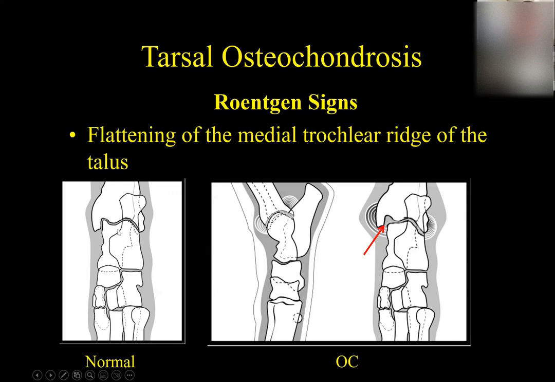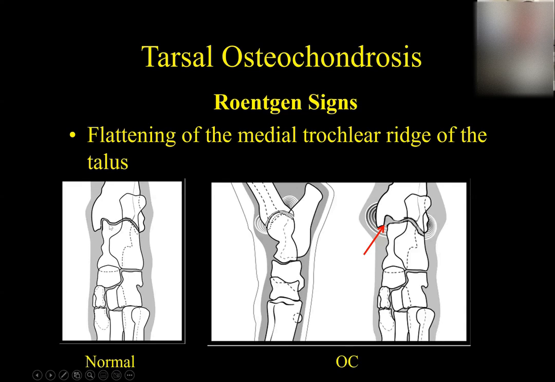So if you look at a normal dog over here, and this is a little diagram of a normal dog, remember this is the distal end of the tibia. This bone that's sitting right in here, this kind of square looking thing, that's the talus. The other bone, this big one sitting right next to it, and they hook together, is called the calcaneus. But for osteochondrosis, really what we're worried about is the talus. And specifically, we're worried about the medial and lateral trochlear ridges of the talus.